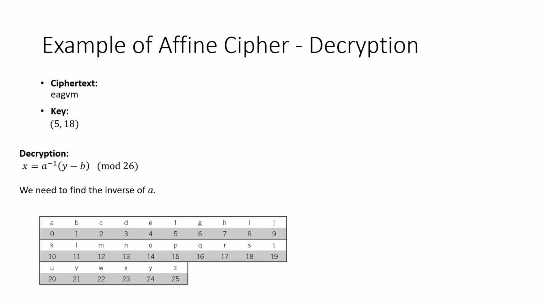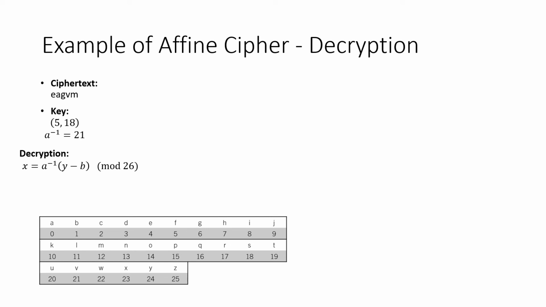So again, continuing our process in decrypting the ciphertext, we needed to find the inverse of A in mod 26. In this case, that was 5. And we found out that if A is 5, then the modular inverse of 5 is 21 in Z26.